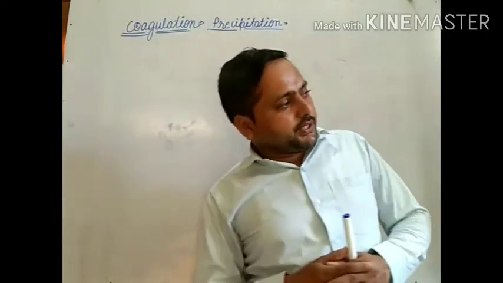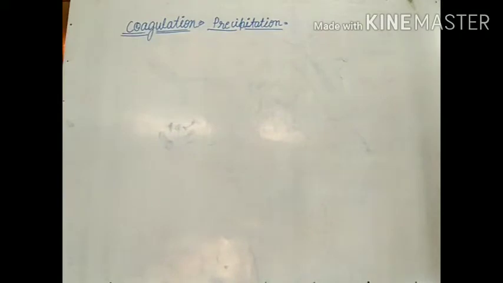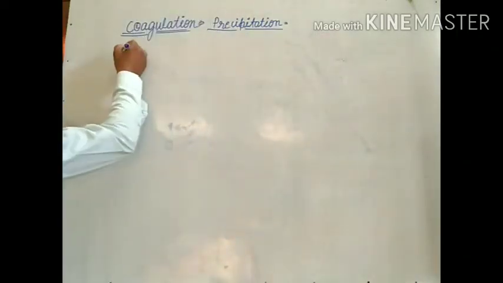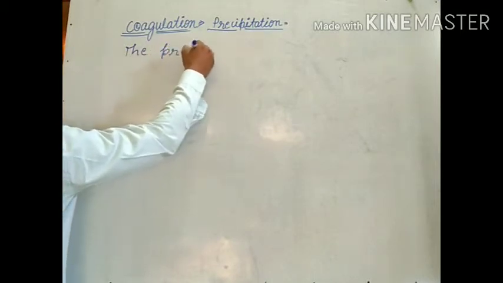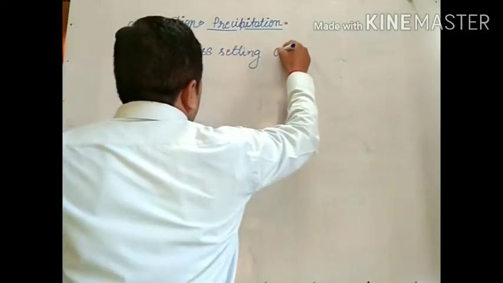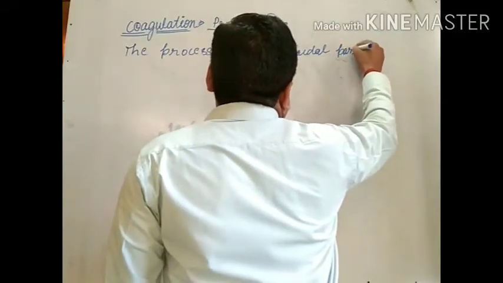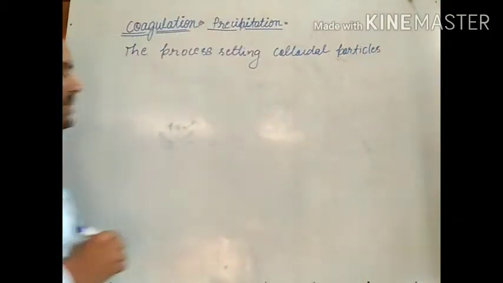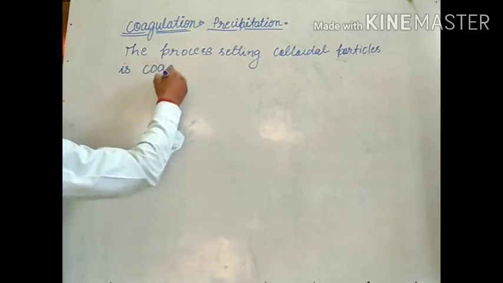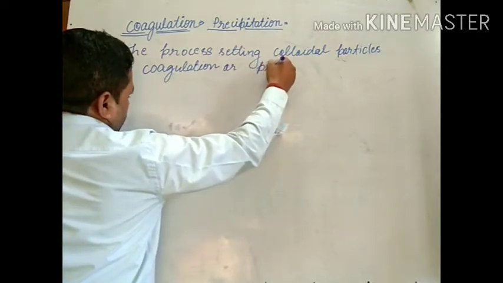The process of settling of colloidal particles is called precipitation or coagulation.